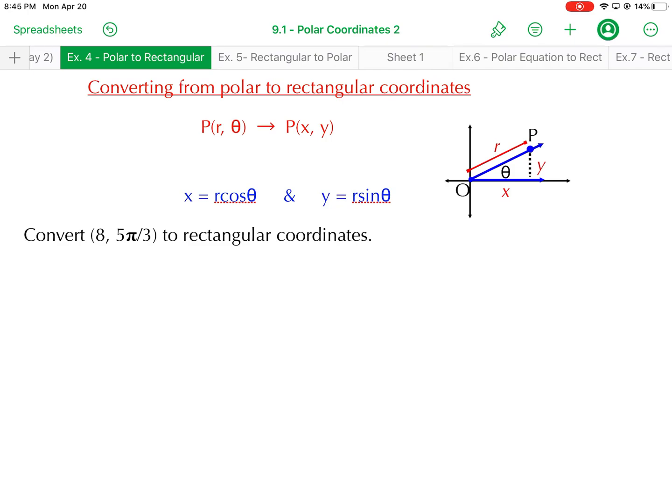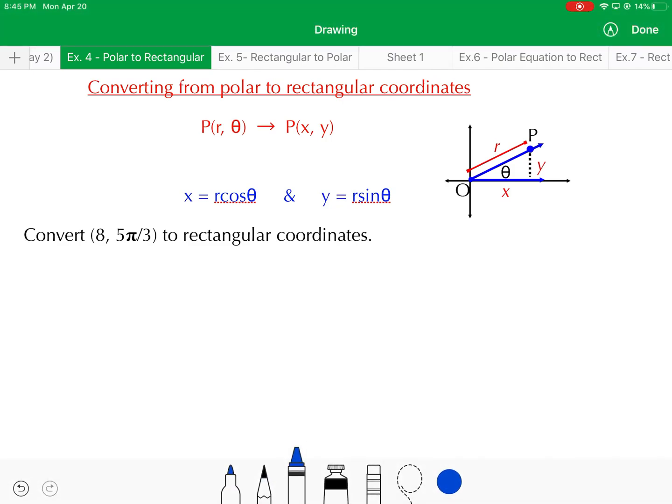So I could just use a little bit of right triangle trigonometry to relate r and theta with x and y here, right? We have a right triangle here. So I could say that cosine of the angle theta that's defining point P is equivalent to x over r. Solving that for x leads me to x equals r times cosine of theta.